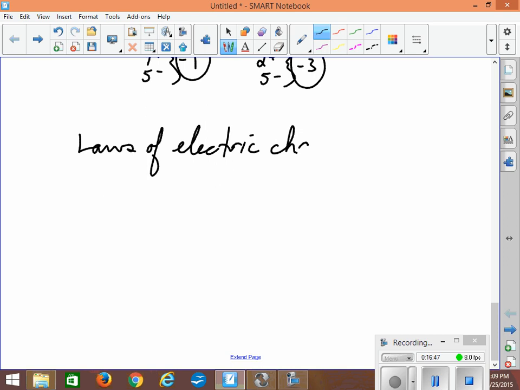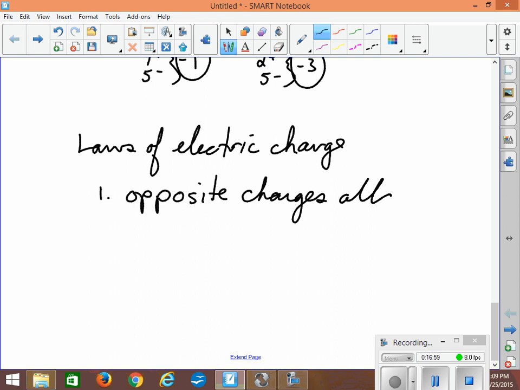The laws of electric charge, which basically say that one, opposite charges attract each other, and you may recall that if you have two similar charges, I can't spell today, attract each other. And number 2, similar charges or like charges, 2 pluses or 2 minuses, repel each other.